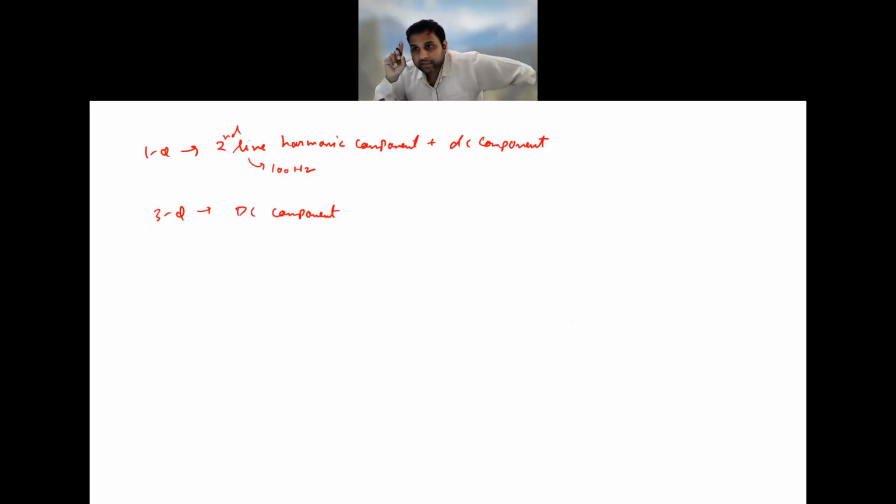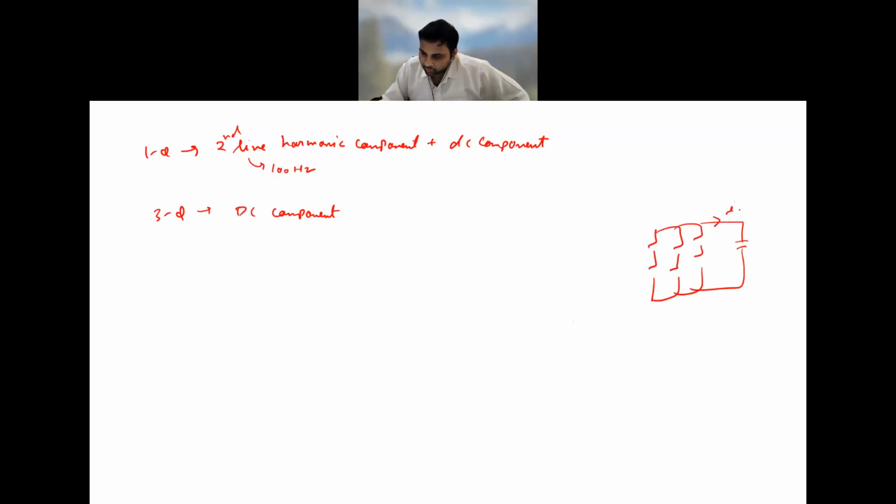However, there is a switching frequency harmonic component which will be present, because if you see in your I converter, you have this switching harmonic component. Why is it present?